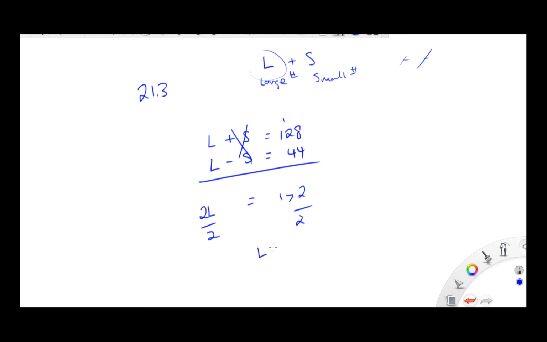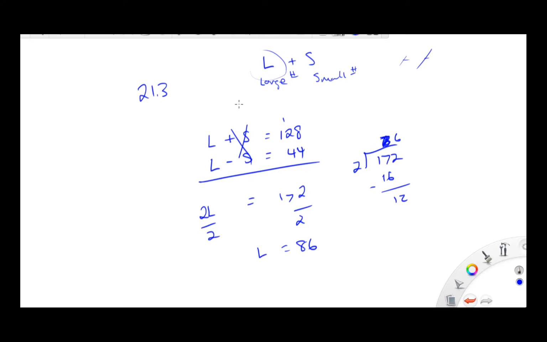And if we divide 172 by 2, let's go 6, 7, 8, 16, and then 6, so 86. So our large number is 86.